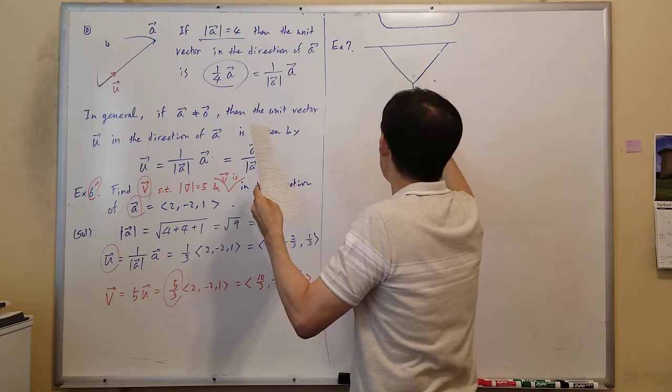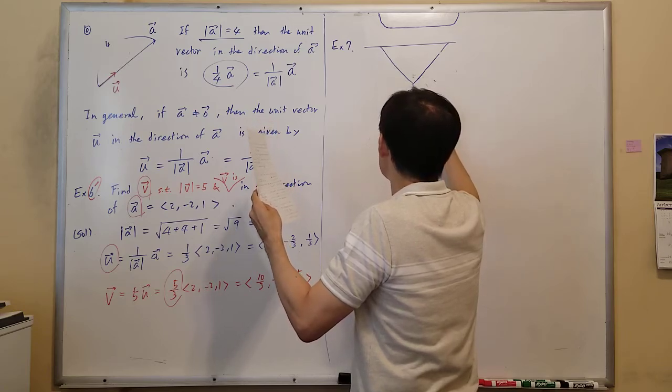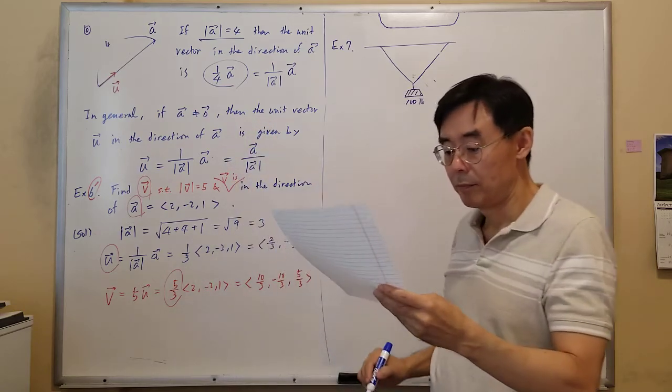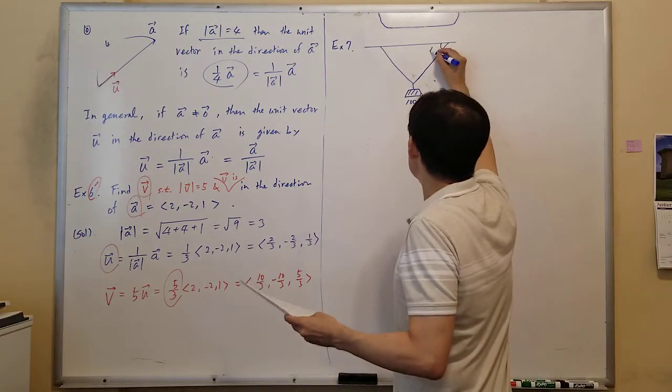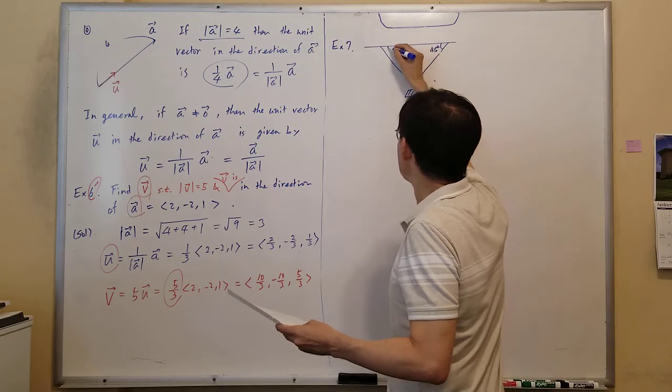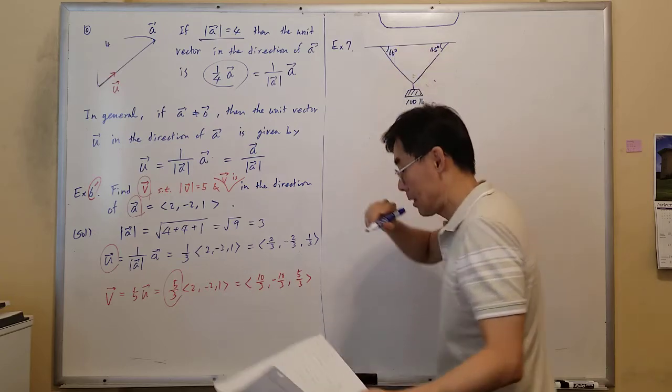Let's say this is 100 pounds. Now this string makes 45 degrees, and this one 60 degrees.